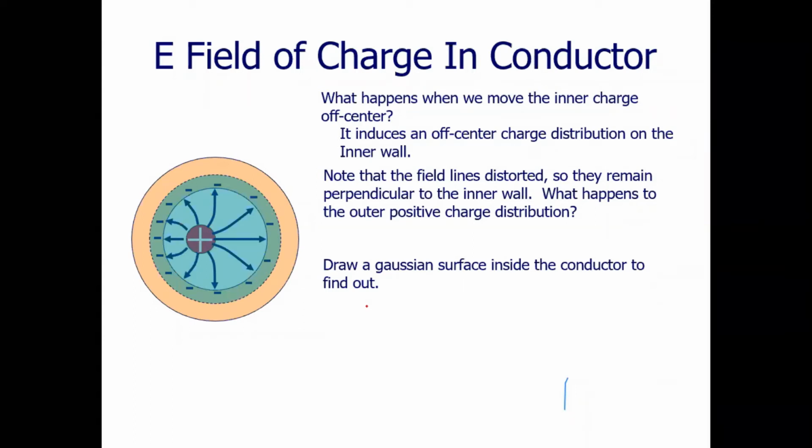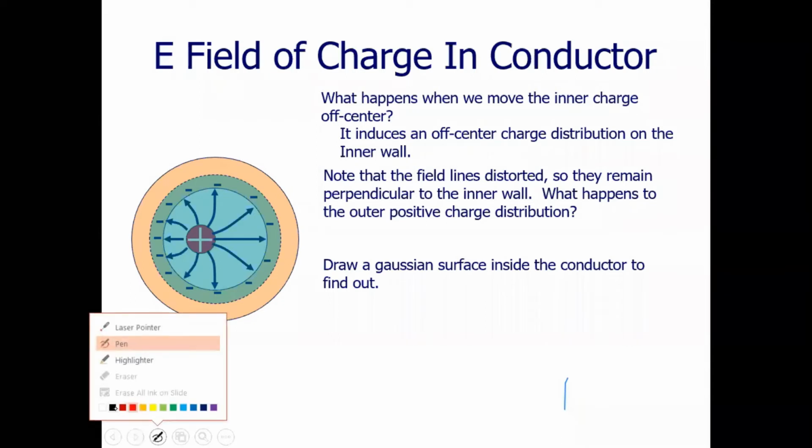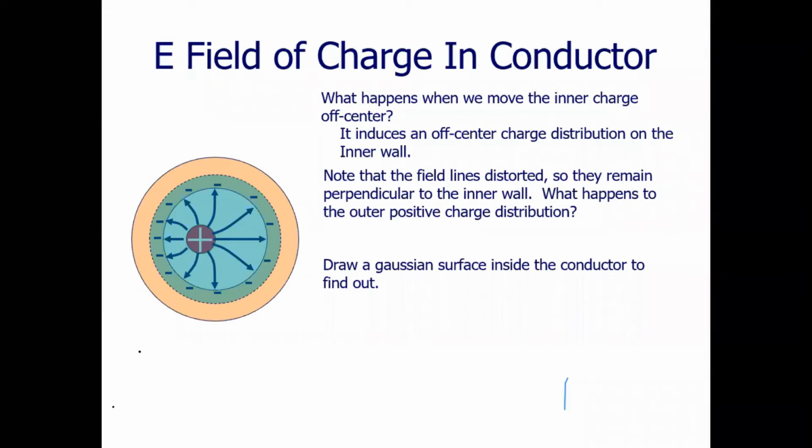Now remember from Gauss's law, it says that the product of the electric field and the area, if you like, will just give you the charge enclosed over epsilon naught. That is Gauss's law.